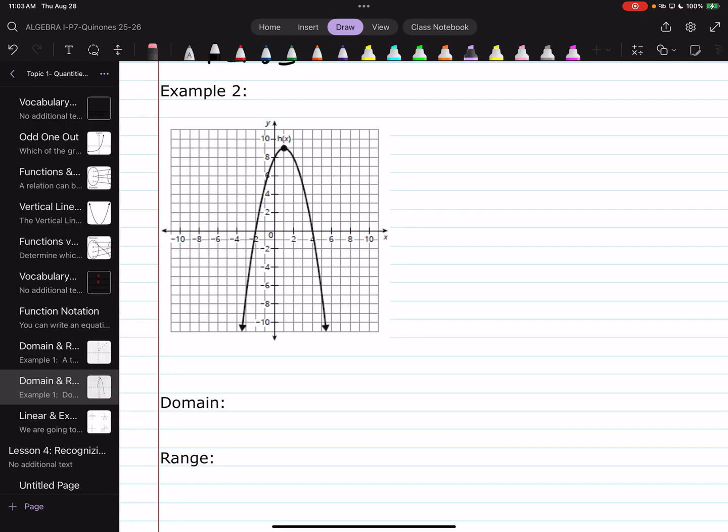Everybody, real quick, before I let you continue, do we know what arrows do to a graph? What does an arrow indicate to us? It continues on how long? Forever, infinity, right? How many arrows do you see? Two, right? So think about that. It keeps going in those directions. How long is it going to go?